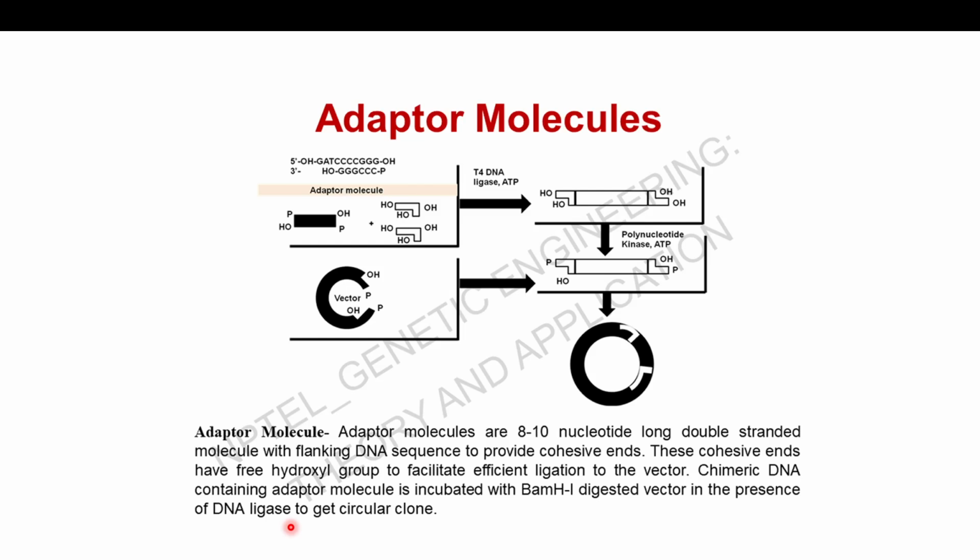Okay. Now there can be adapter molecules as well. Suppose this is your genomic DNA having blunt ends, and adapter molecules can have these sticky ended portions having OH groups here. So again you use these small fragments with DNA ligase.